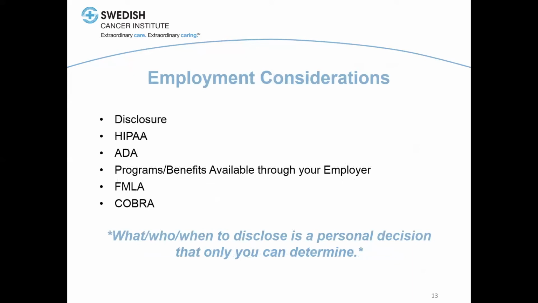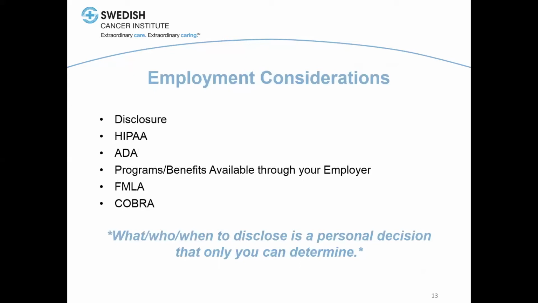We want to move into the section about indirect costs of cancer. And this one is a lot harder for people to figure out resources and also identify needs that they may have. But employment is one of the major considerations that people have. I wanted to highlight that your medical information is protected health information, and it's a personal decision whether people disclose their medical condition to their employer and or coworkers.